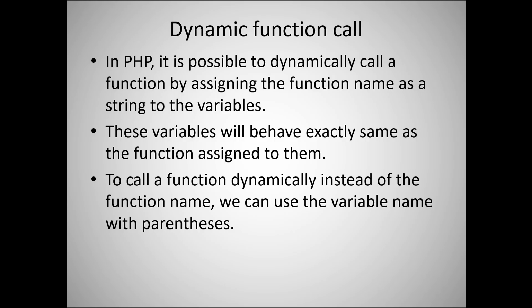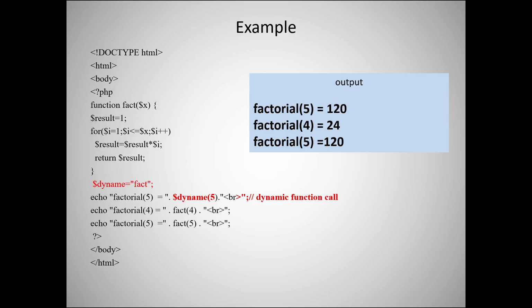Dynamic function call. In PHP, it is possible to dynamically call a function by assigning the function name as a string to a variable. These variables will behave exactly the same as the function assigned to them. To call a function dynamically, instead of the function name, we can use the variable name with the parenthesis.